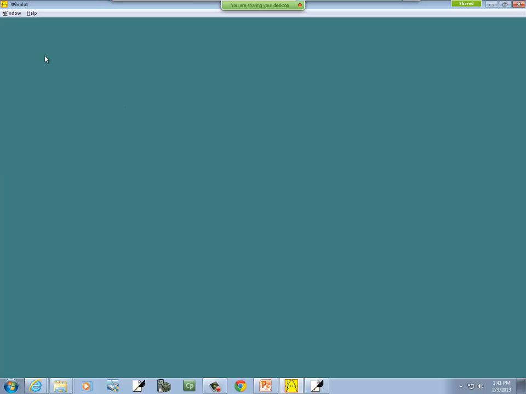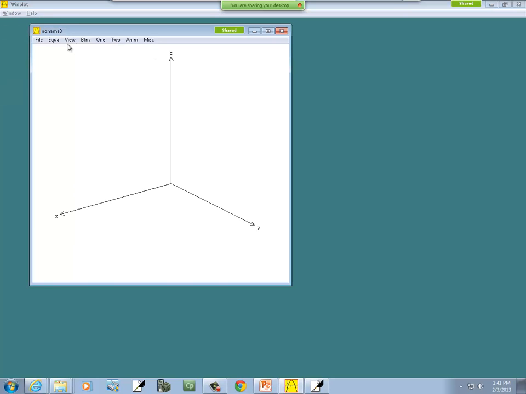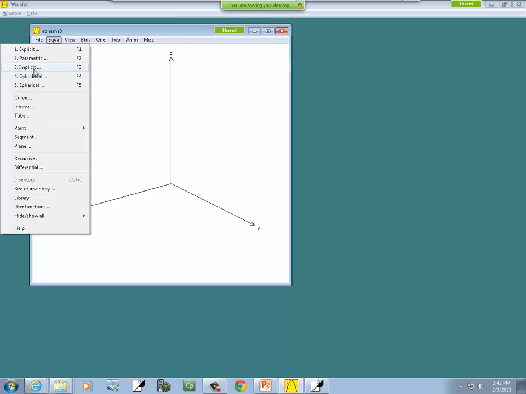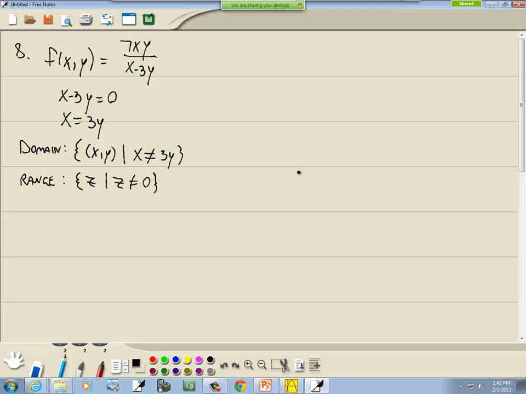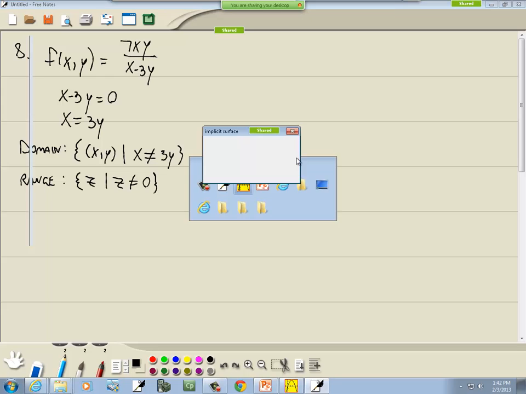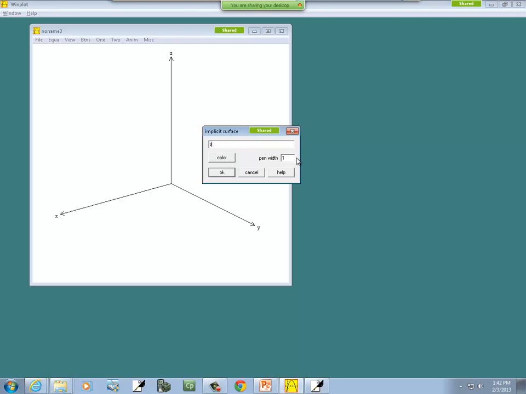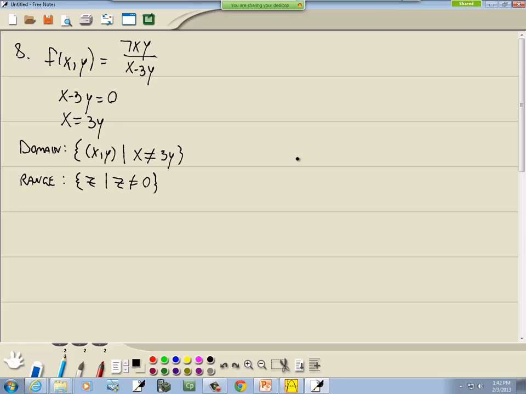And I know this is small, you can't really see it, but what I'm doing, I'm clicking Window, choosing 3 dimensions. I'm choosing Equation. I could choose explicit on this one, but let me choose implicit because I figured out how to graph 3D on this package, and I'm so excited about it. So say z equals, and we got 7xy up on top, so I'm going to put parentheses around it.